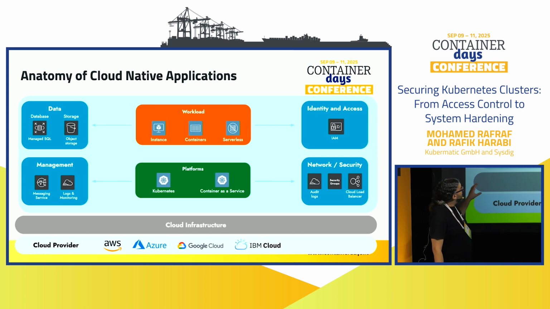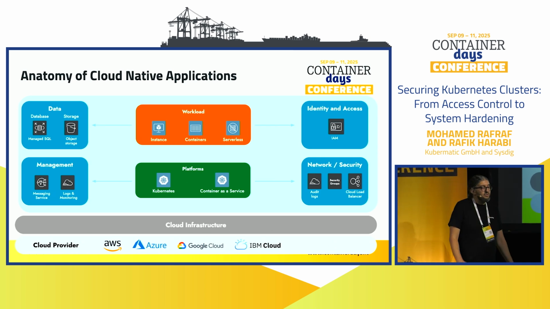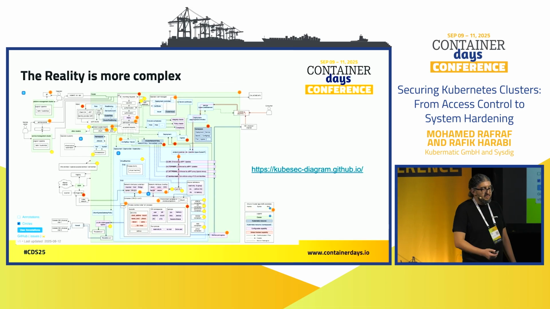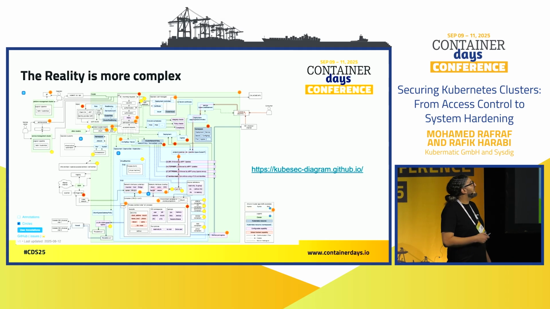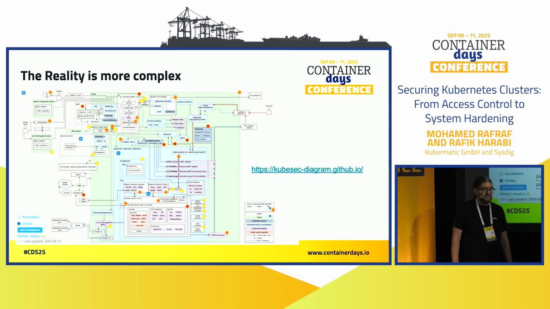And we have what we call satellite services, like data management, identity, network, and security. If you look at the picture like this, it looks quite simple. But if you dive a little deeper, and I borrowed this nice diagram from kubesecdiagram.github.io, it explains the different attack paths and different entry point interactions within the Kubernetes ecosystem that make it really attractive for attackers and very easy to break.